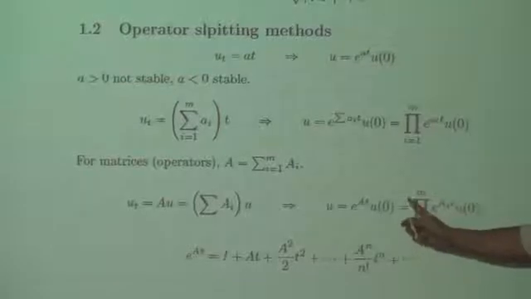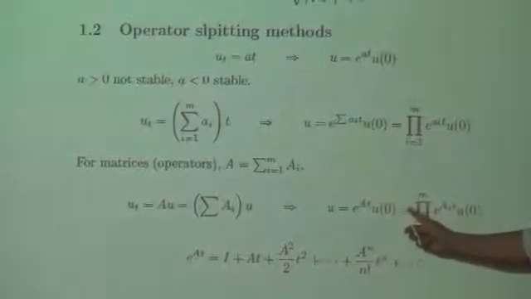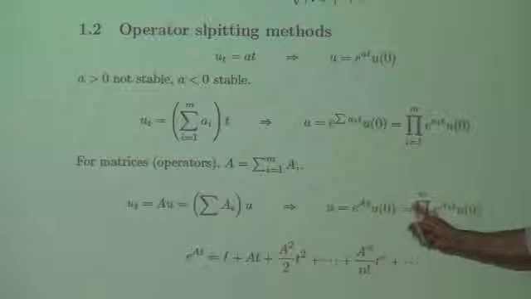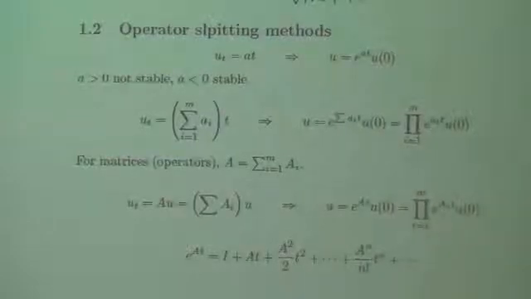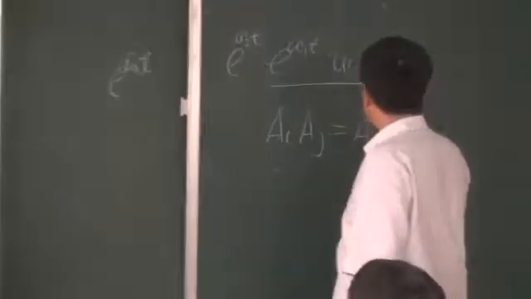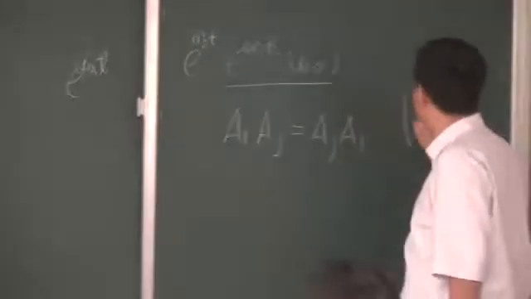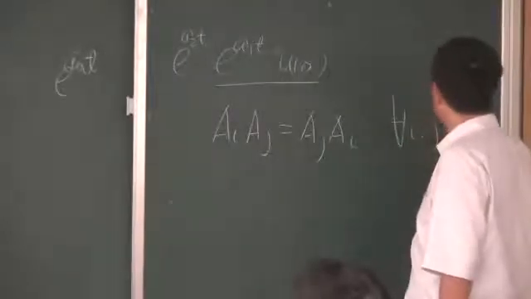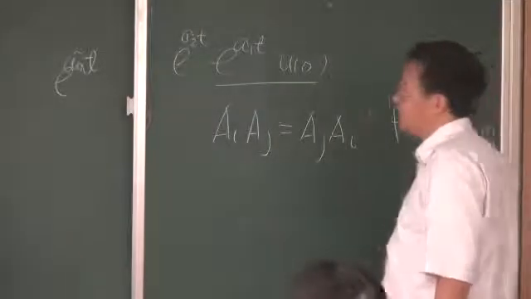However, for matrices, it's not certain this is always equal. This is equal if all the submatrices are commuting, which means that Ai times Aj equals Aj times Ai for arbitrary i, j from 1 to m.